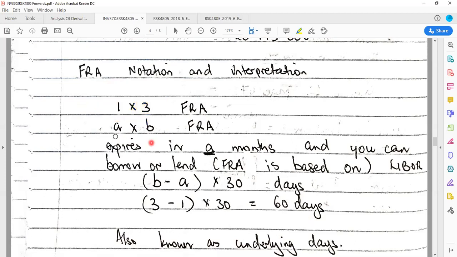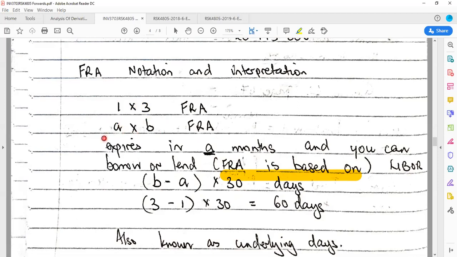Okay, so if we say A by B FRA, we mean that the forward rate agreement expires in A months, and you can borrow or lend, meaning the forward rate agreement is based on a LIBOR rate of (B minus A) times 30 days, right? So that's what this is telling us.